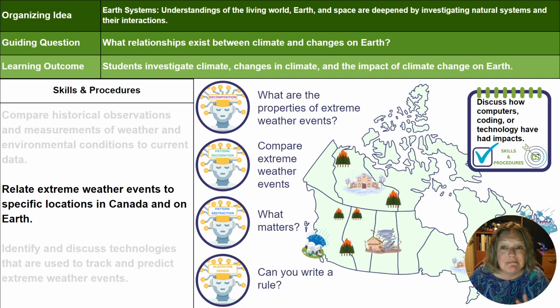So creating this map would be an abstraction of a lot of other information. And then that algorithm design of writing a rule. Can you write some rules about extreme weather events? Or can you write a set of instructions for what to do during an extreme weather event? And we're having them work through that computational thinking, algorithm writing. They're working with sets of instructions, which is like all of what up to grade 4 is the computer science, is all about writing and understanding and creating sets of instructions.